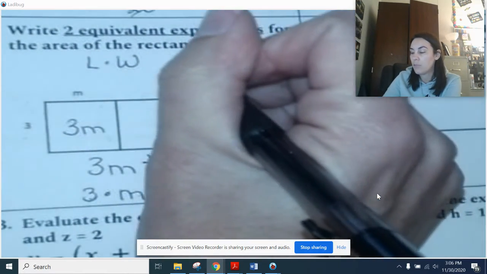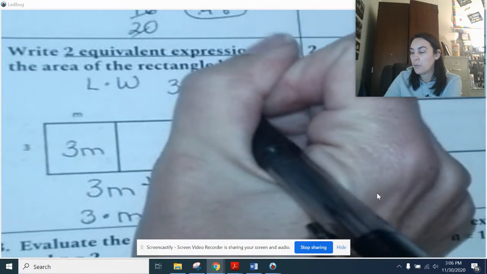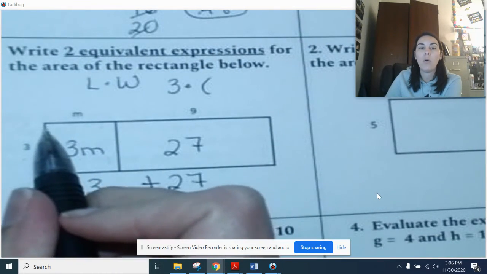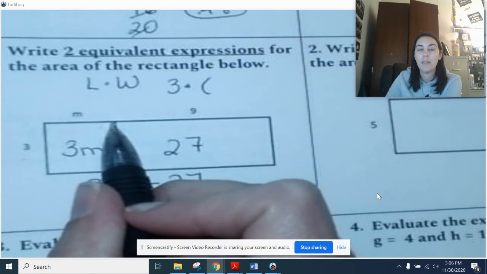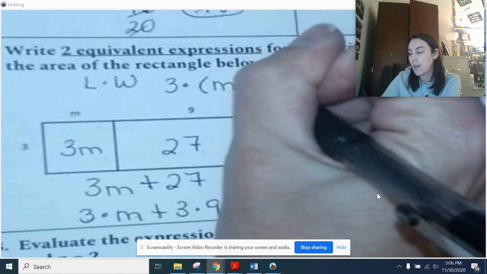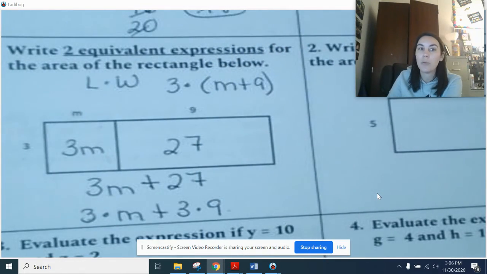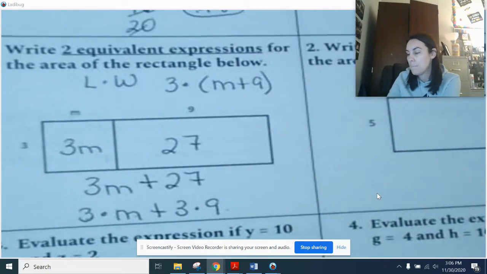So we could say we have 3 is our length times, in parentheses, the whole length of this, which the whole thing is m plus the 9. So m plus 9. So those are 3 different ones you could write. You only had to write 2, but I just showed you 3 that you could write.